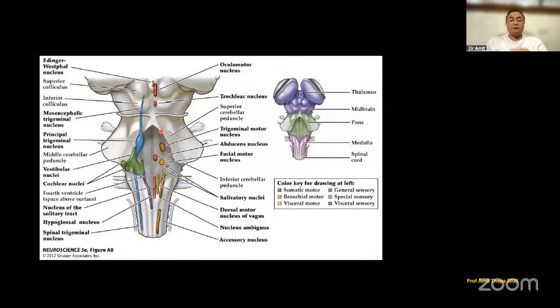Now, looking from the back, this particular brainstem has a tectal plate which basically has 4 colliculi, 2 superior colliculi on the top and 2 inferior colliculi below. Then it is separated by the pontomesencephalic fissure, from where the pons starts.